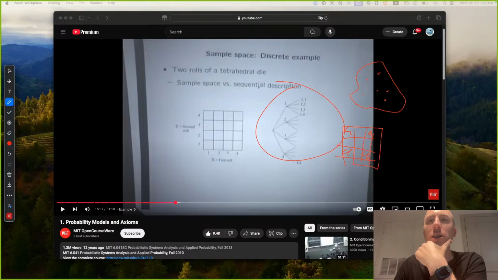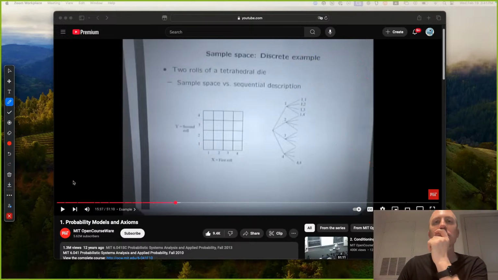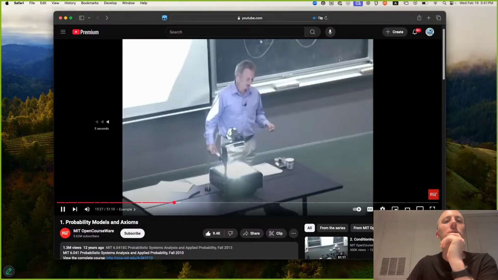There's another way to draw a sample space, like a tree, where it's still kind of like a set. There's an outcome, outcome, outcome, like that. A sample space is a set of outcomes, right?